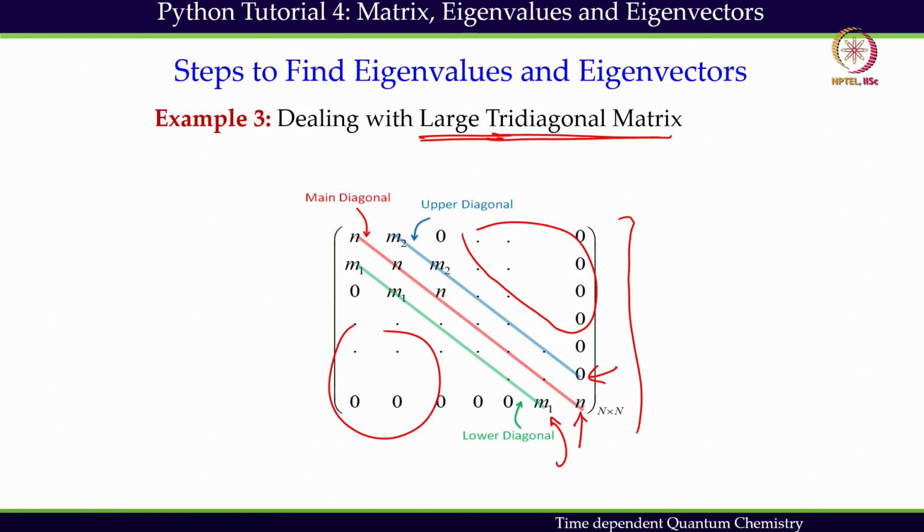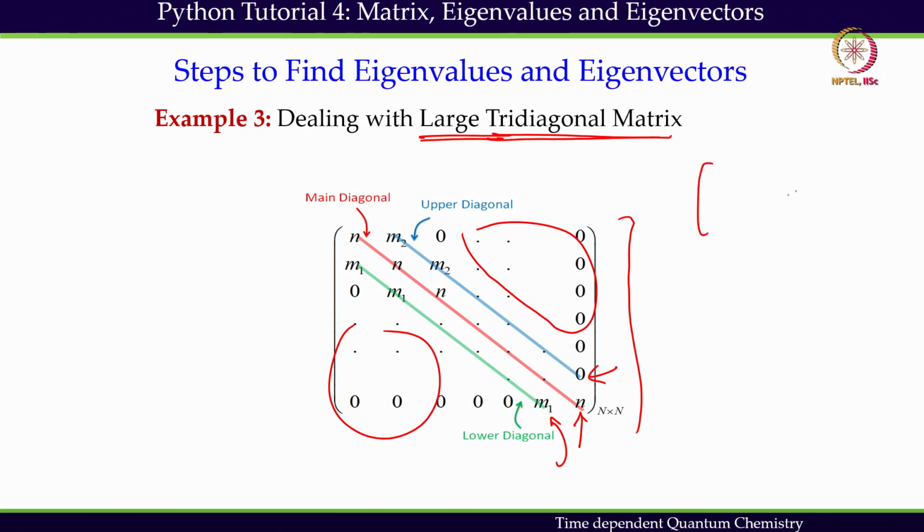extraordinarily reduced. So, in quantum mechanics, we often work with very large Hermitian matrices of tridiagonal form, which is shown here, along with a generic structure of the tridiagonal matrix. A square matrix possessing non-zero elements only in the main diagonal is called a diagonal matrix.